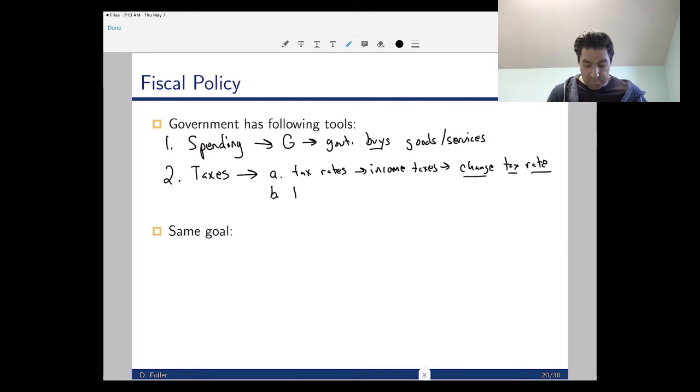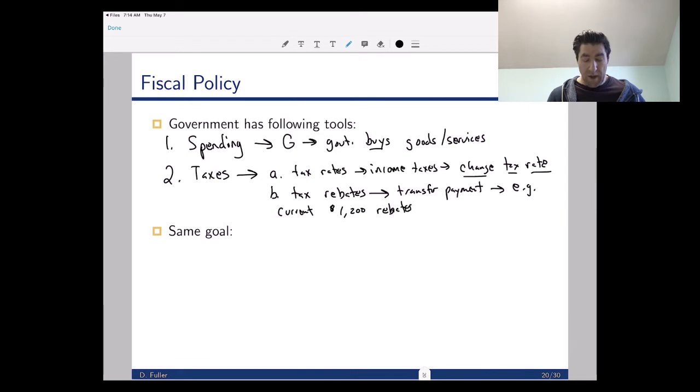And I can also use what we could call tax rebates, which is really just a transfer, like a transfer payment. So we've had currently a $1,200 per person tax rebate with $500 for each child under your care, right?